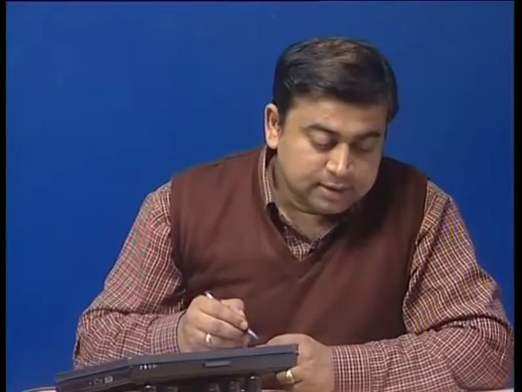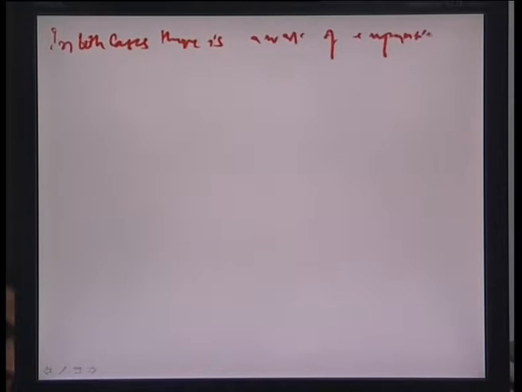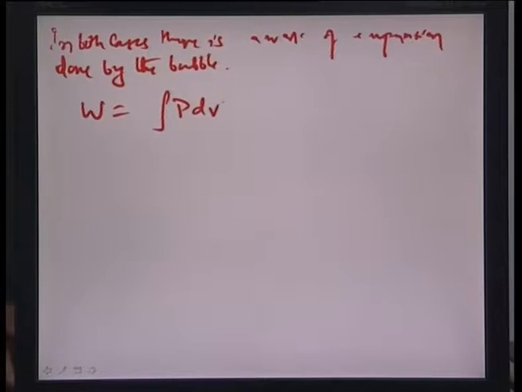So let us say that in both cases there is a work of expansion which is done by the bubble, and this work is essentially the integral of P dV.